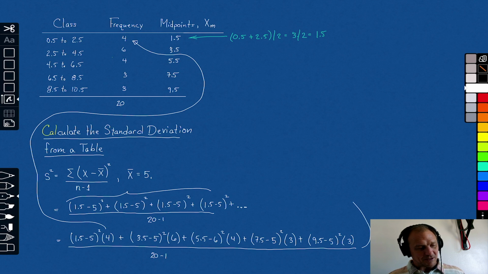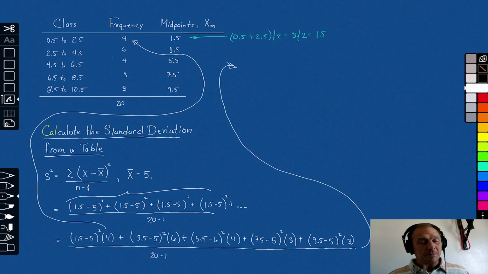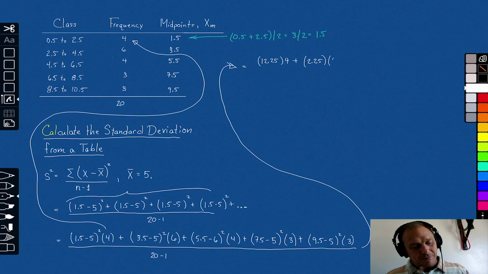I'm going to bring my calculation over here. So 1.5 minus 5, that's negative 3.5. Square it, you get 12.25. 12.25 times 4 plus 3.5 minus 5 is negative 1.5. Square it to get 2.25 times 6 plus 5.5 minus 5, that's 0.5.